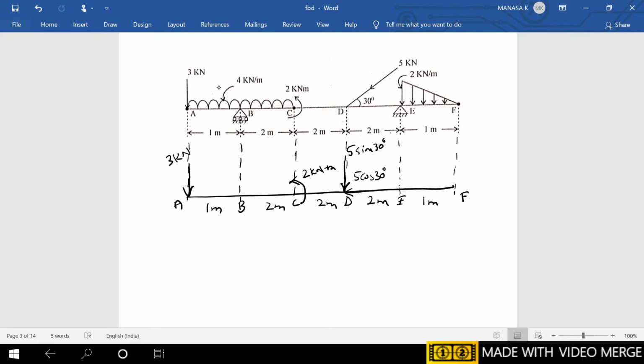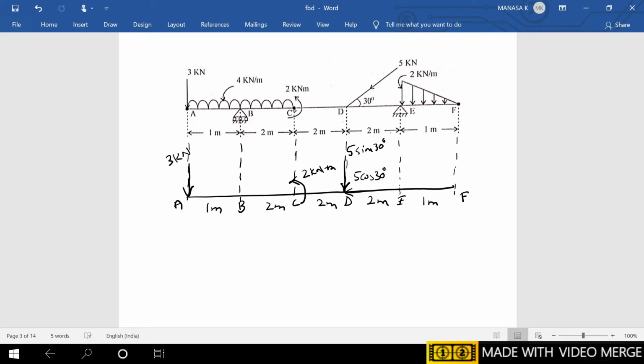That means there will be one point load because of this UDL of stretch 1 meter, which will be acting at the middle of 1 meter, that is 0.5 from either point A and B. Again, coming to the stretch BC, it has a UDL of the same intensity, 4 kN per meter, of length 2 meter, which will be acting at the middle, that is 1 meter apart from B and C respectively.